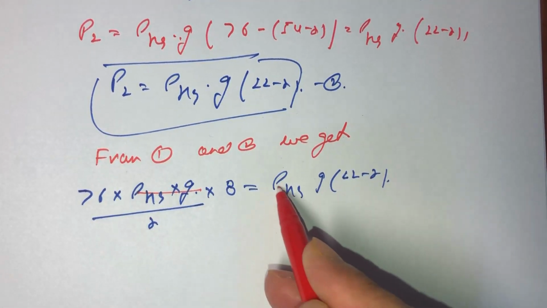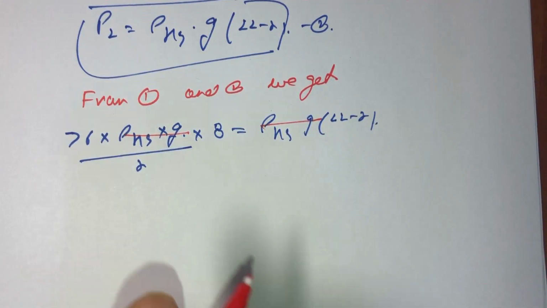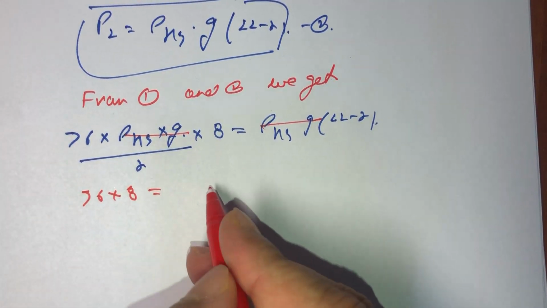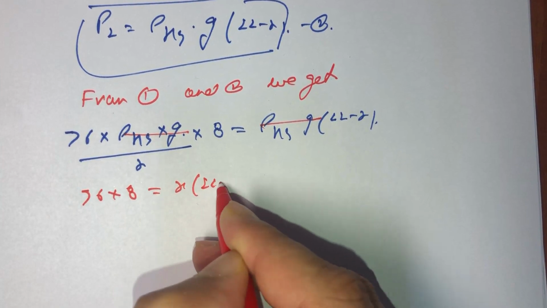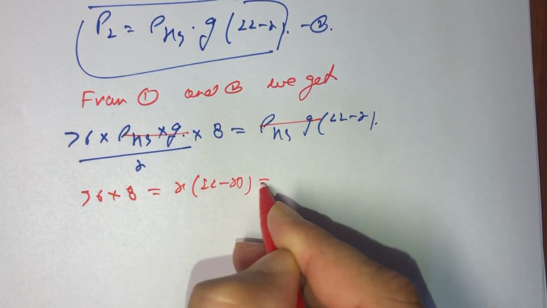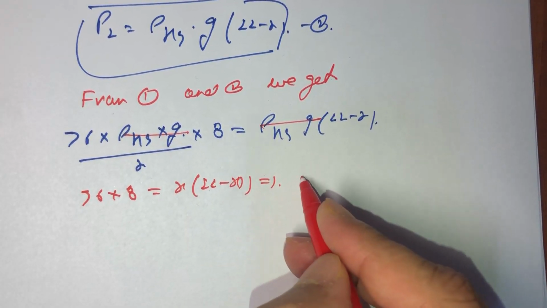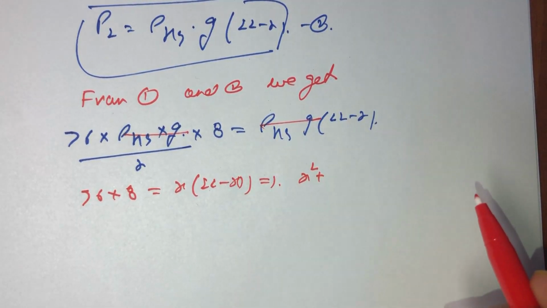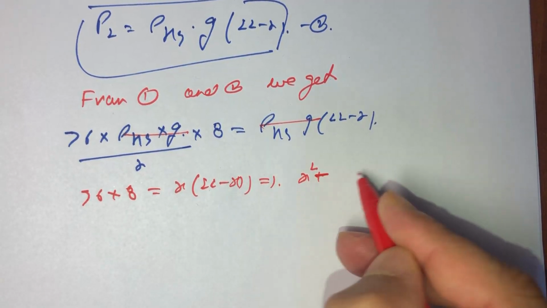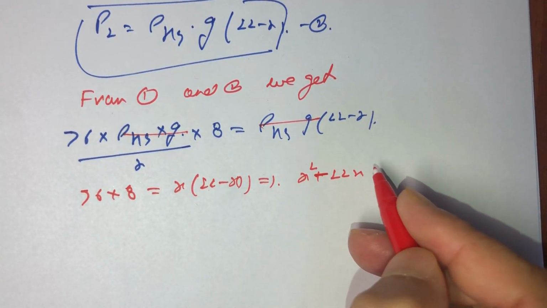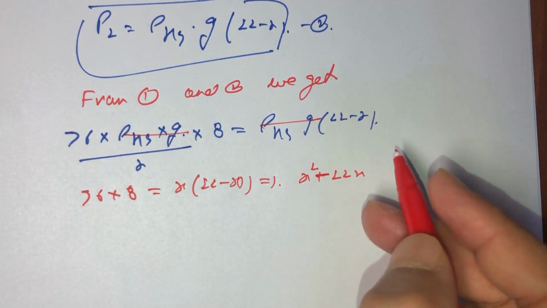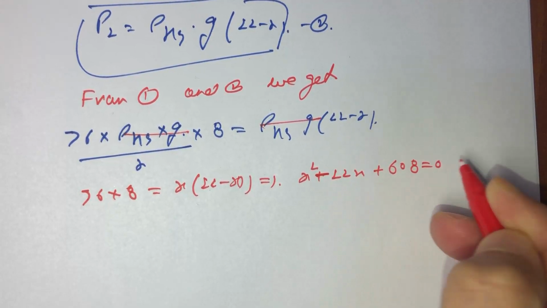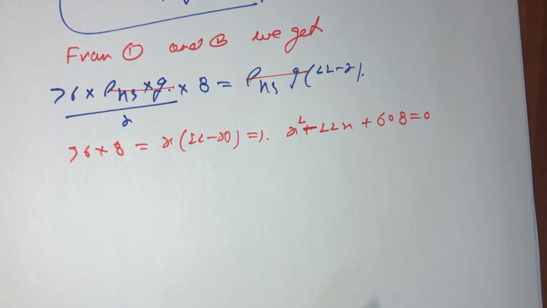So rho Hg and rho Hg cancel out. So in this we are getting 76 multiplied by 8 is equal to x into 22 minus x. Which we can write as x square, okay, let me move it this side, so this will be minus 22x, and we are going to get plus 608 is equal to 0.